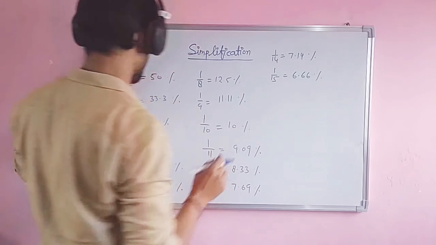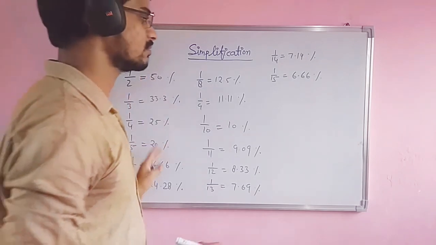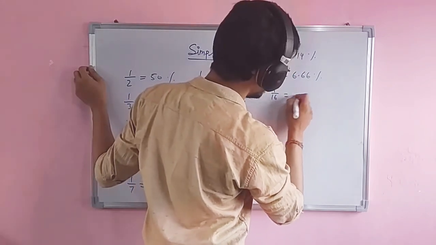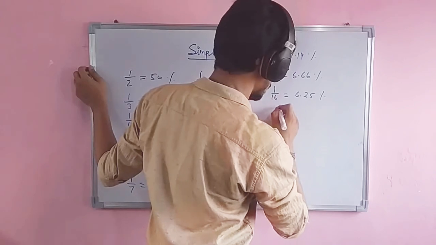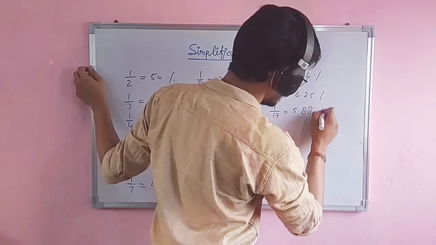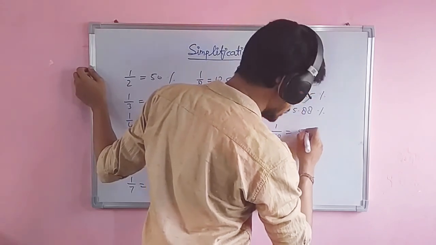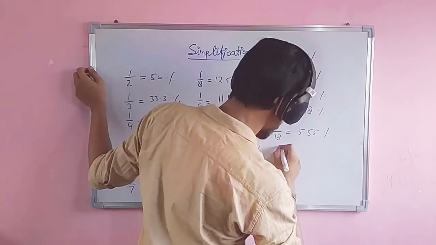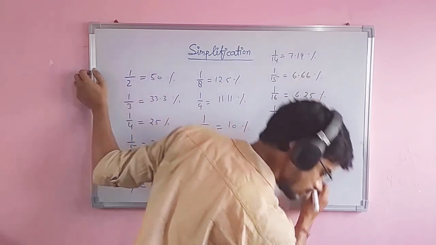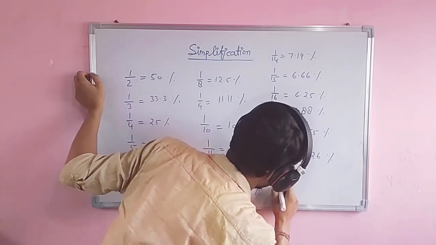We write these forms as percentages, like this. 1 by 16 is equal to 6.25%. 1 by 17 is how much? 5.88%. 1 by 18 is how much? 5.55%. 1 by 19 is how much? 5.26%.